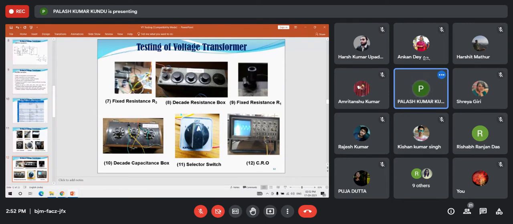We have to use position number 1, fixed resistance R1 which is used in the experimental circuit, and the null detector CRO. So 12 physical devices, instruments, or apparatus are used exactly.